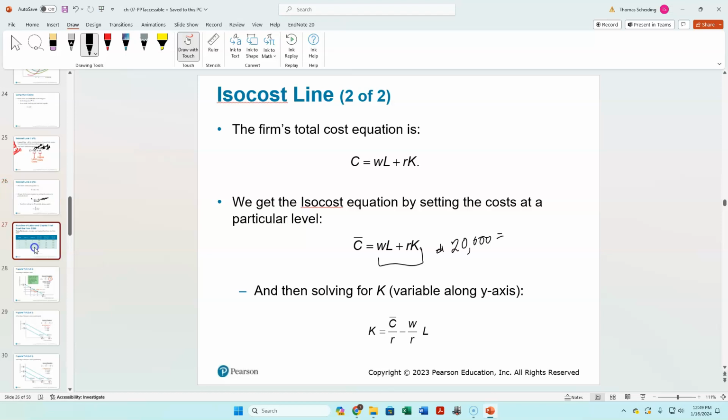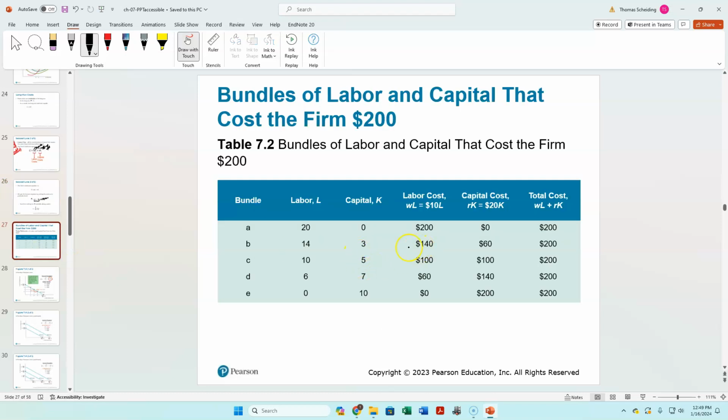In a table, the way we would organize this is that I have all of these various levels of my inputs, my labor and capital. One that's labor intensive, one that's capital intensive. So now keep in mind, this is not reflecting production. In production, we can't produce anything if we have no labor or no capital.